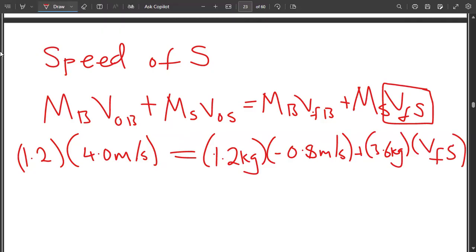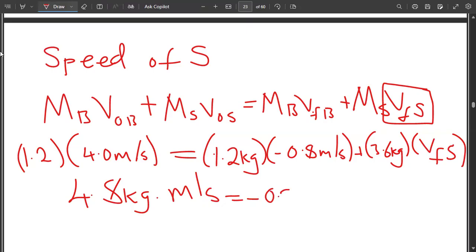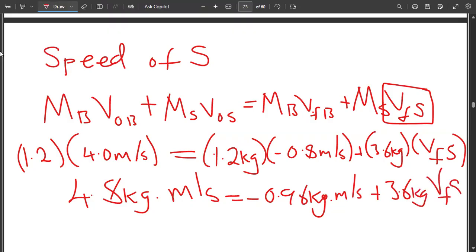So we multiply this guy that is here, we're getting 4.8 kilograms meter per second, being equal to 1.2 kgs multiplied by 0.8 meters per second, we're getting negative 0.96 kg meter per second plus 3.6 kg V final of S.